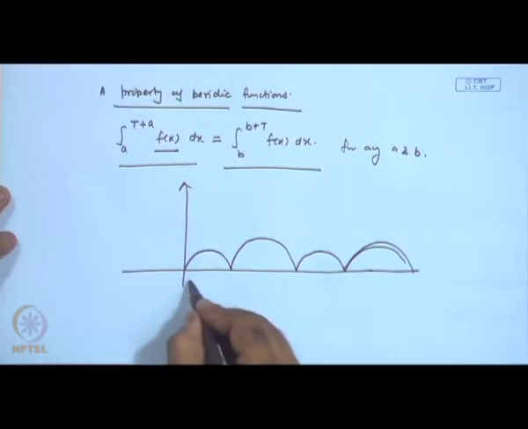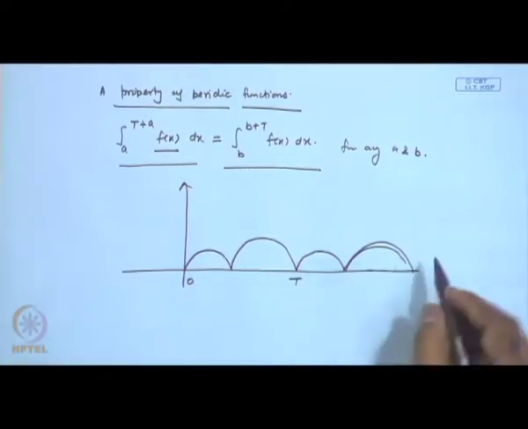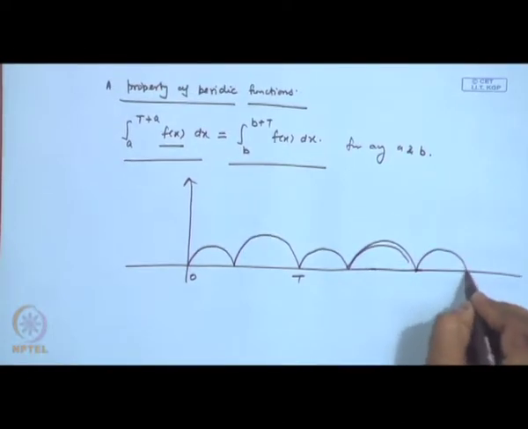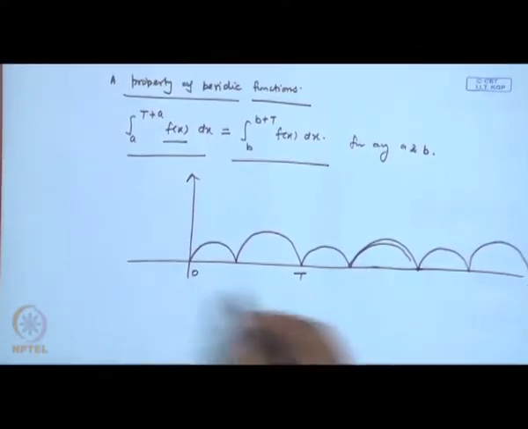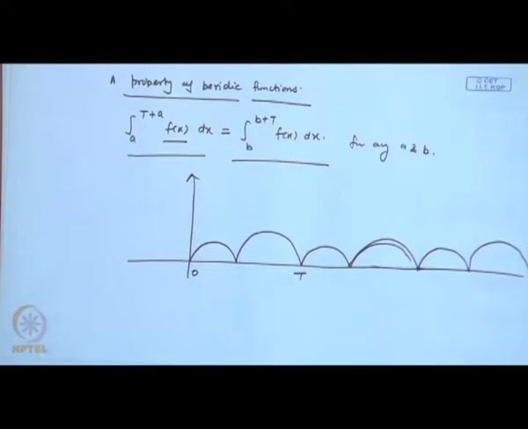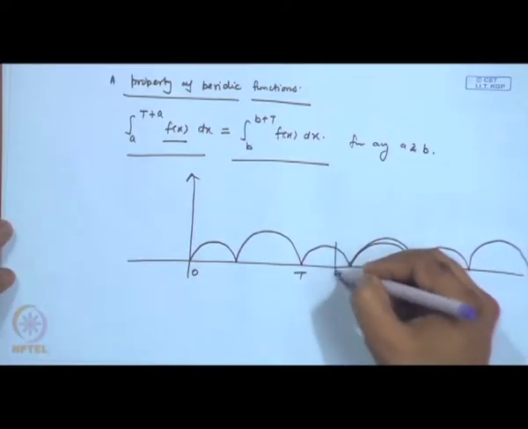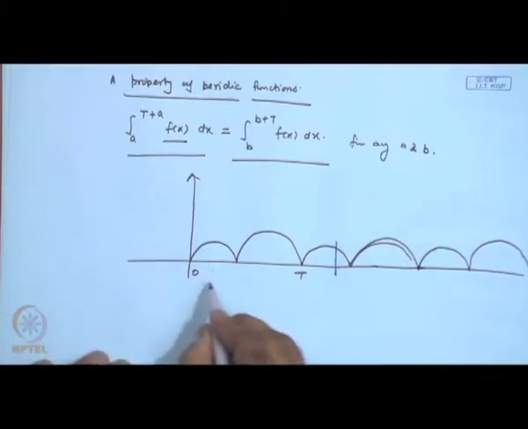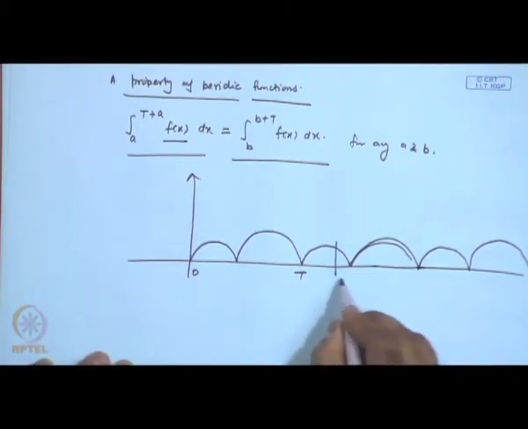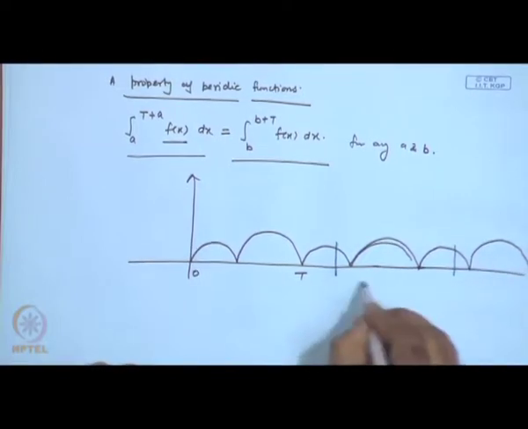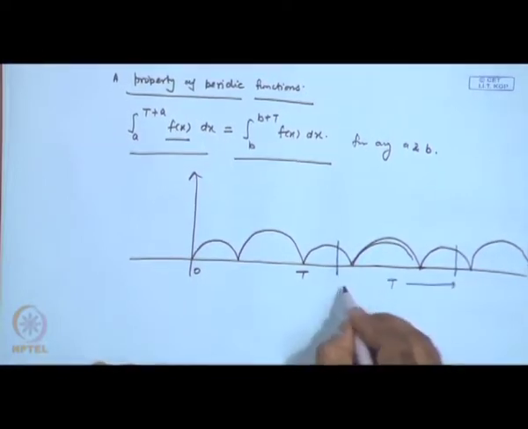So, this is from 0 to capital T, we have this period, and so on. So, if we integrate, for example, from here in an interval of length T, this will end up here, and this is again T.